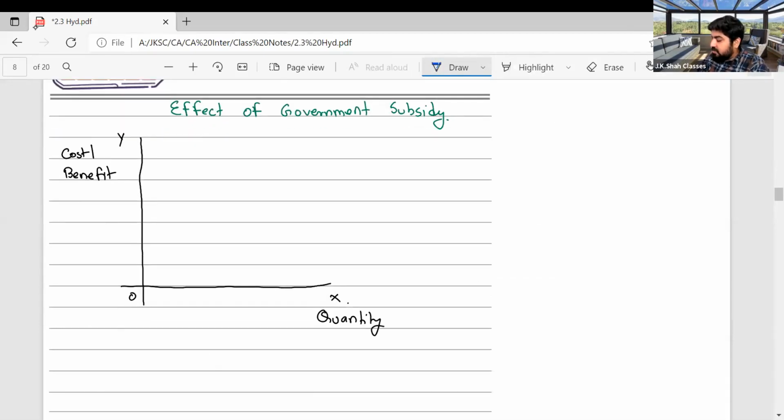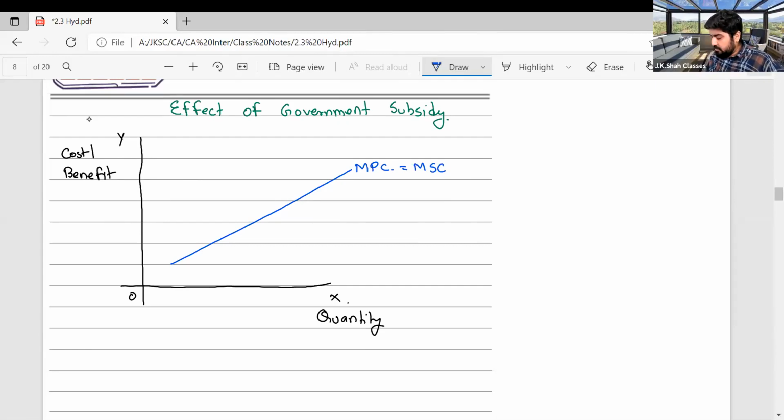MPC curve. It is an upward sloping curve. But now tell me one thing. Here MPC will be equal to MSC. This I had explained to you yesterday in case of positive externality. Marginal private cost will be equal to marginal social cost. Convinced with this?